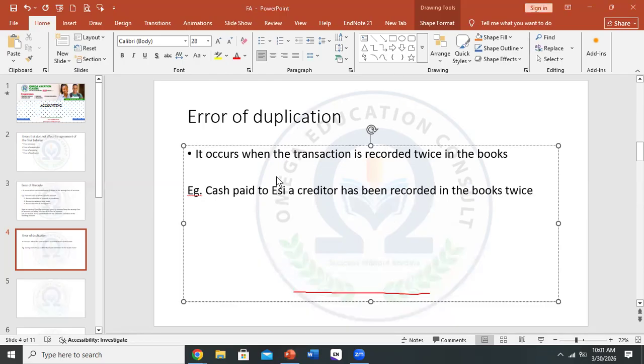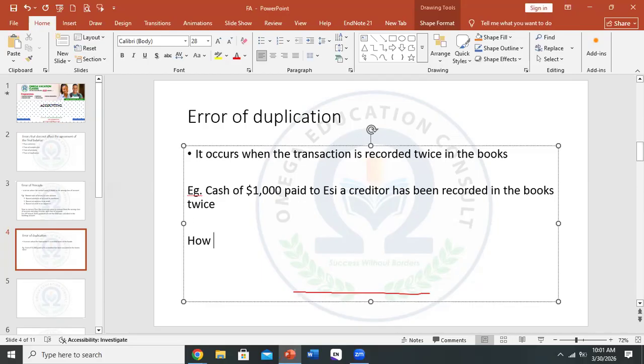Okay. So let me add the value: cash of $1,000 paid to AC has been recorded in the books twice. So immediately you see this, you see it's an error of what? Duplication. Now, how do you correct it? It's very simple.